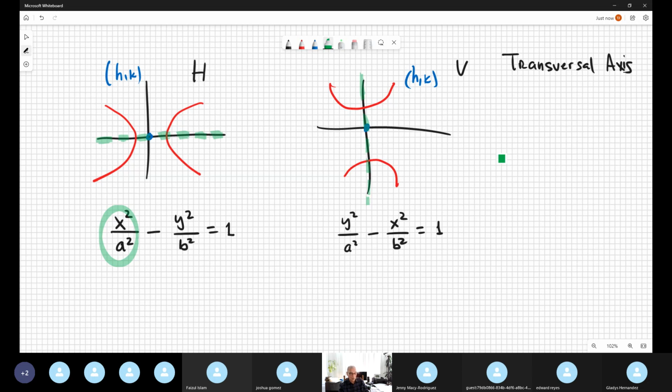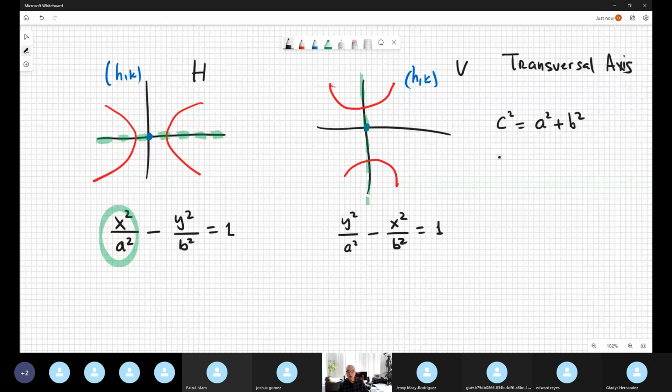And also another important thing in the hyperbola, C, que es the focal distance. It's a different equation. So the equation that you normally use in the ellipse, forget about this. It's another relationship between A, B, C. C squared is equal to A squared plus B squared.